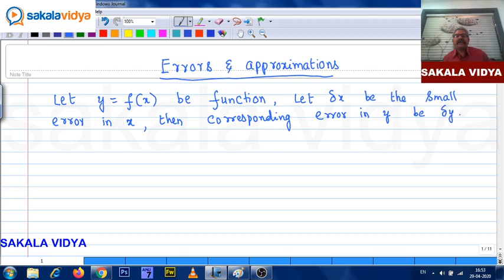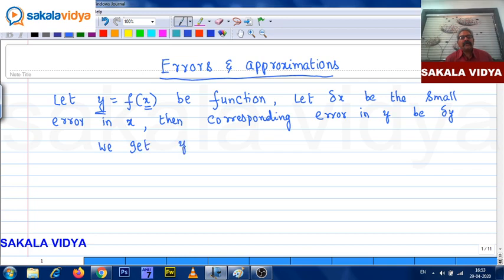As x changes, y also changes. So let delta x be the small increment or error or change in x, then the corresponding error in y be delta y.